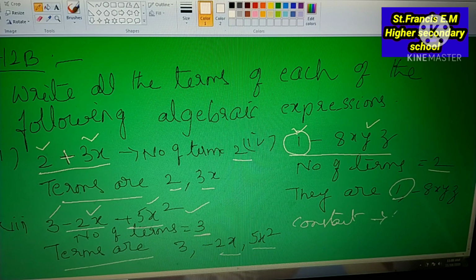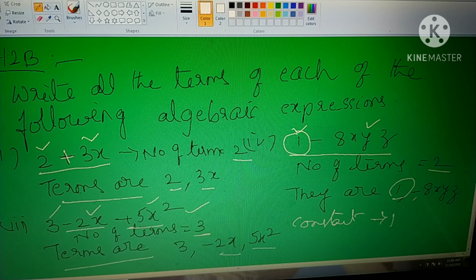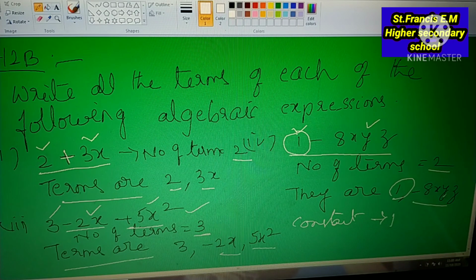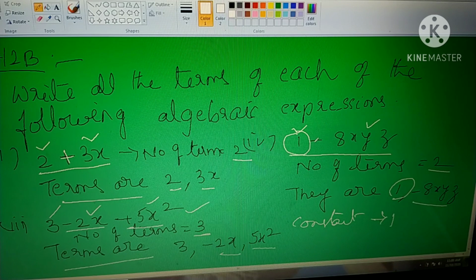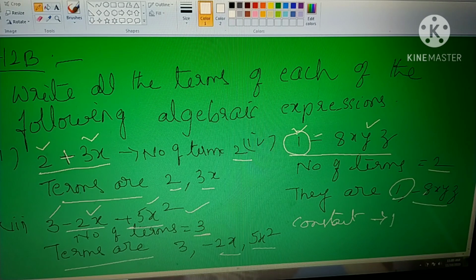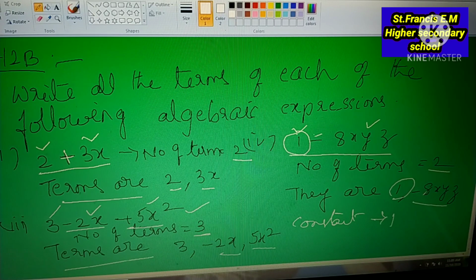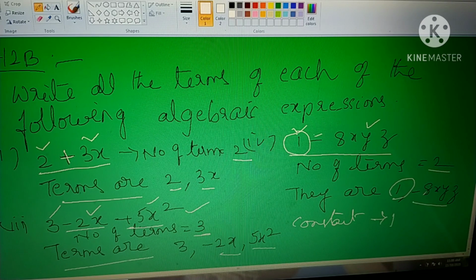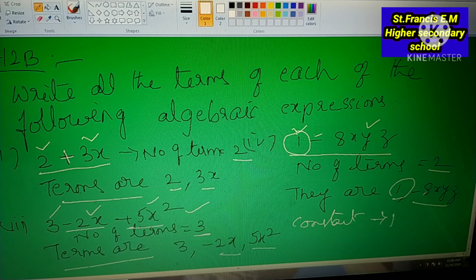Constant is 1. And the next term is minus 8xyz. So don't forget to write minus here. This is also one term. Along with the sign you have to mention terms. While writing terms you have to mention symbols also.